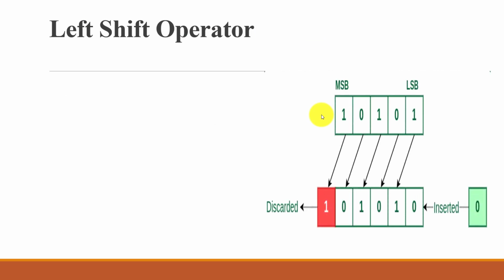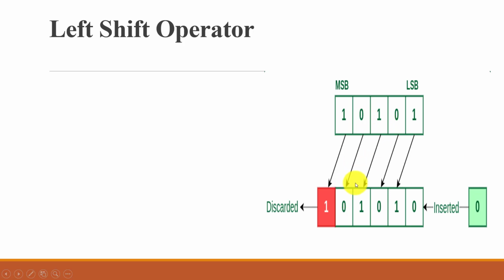In this diagram you can observe the left shift operator, where we shift the bits to the left side. This is the bit pattern 10101. If I shift these bits by 1 bit, the first 1 gets discarded, and the next bit 0 occupies the next block.